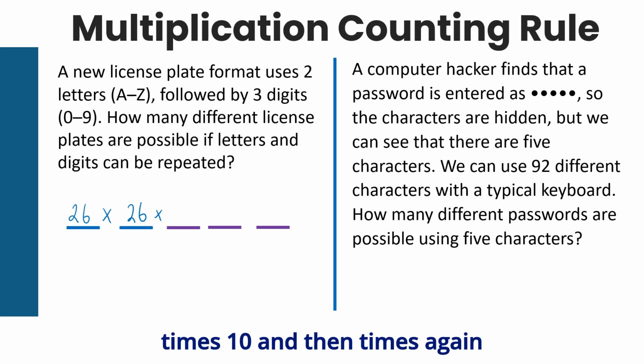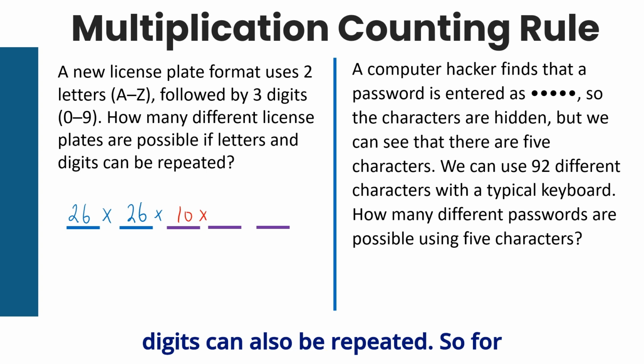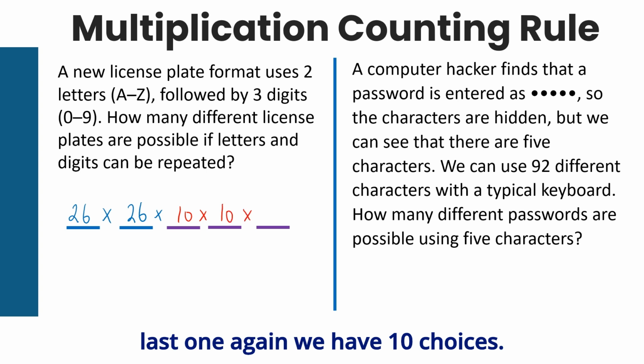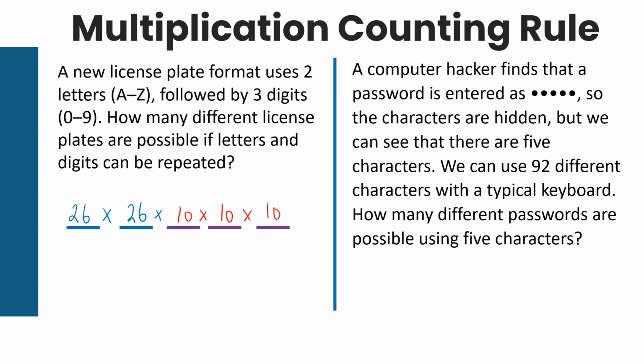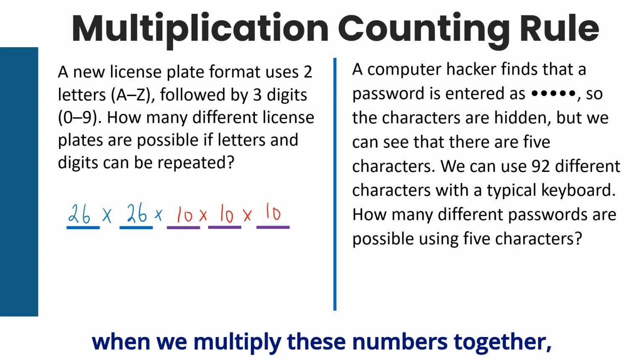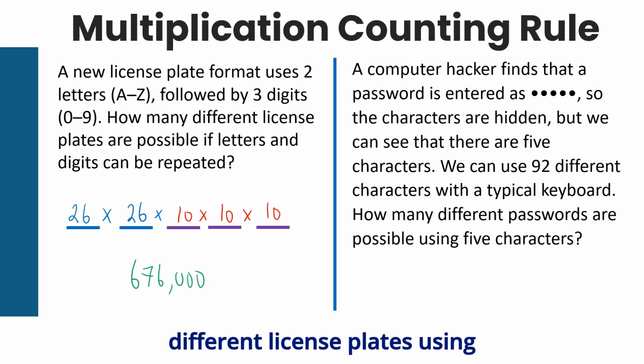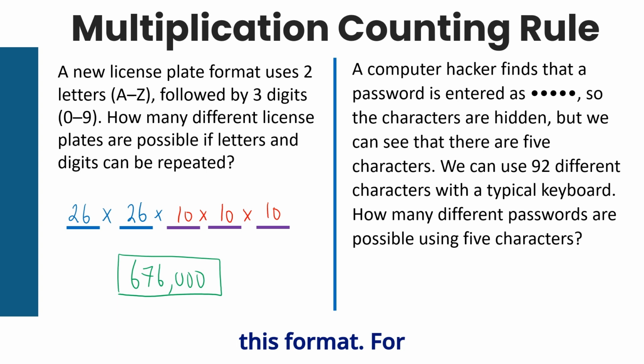So times 10, and then times, again, digits can also be repeated. So for this one, we also have 10 choices, and the last one, again, we have 10 choices. So when we multiply these numbers together, we're going to get 676,000 different license plates using this format.